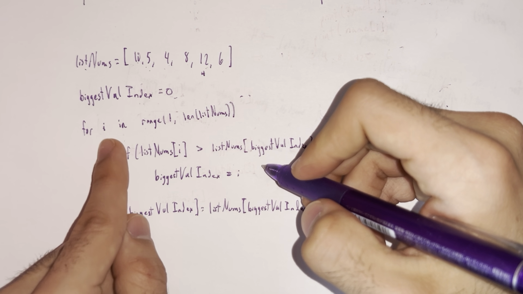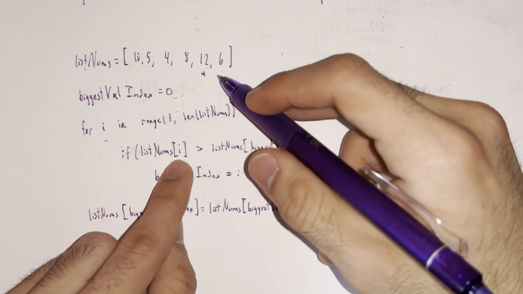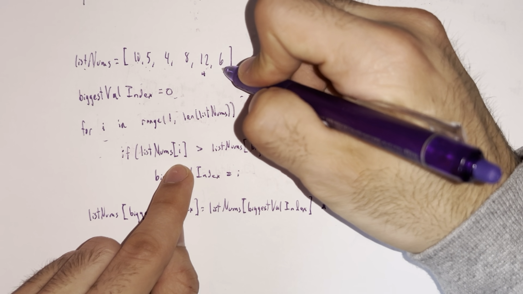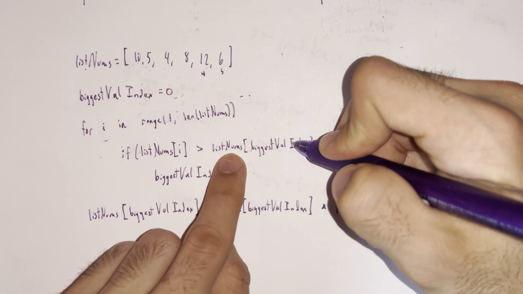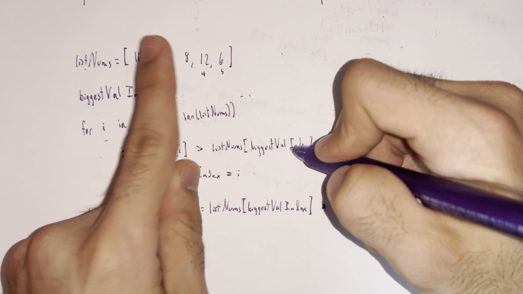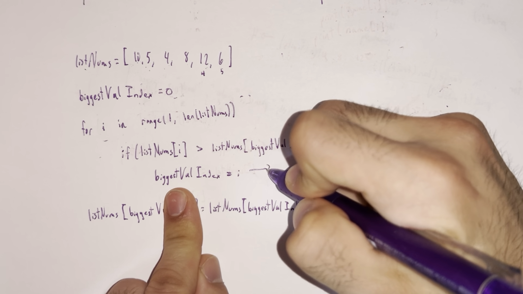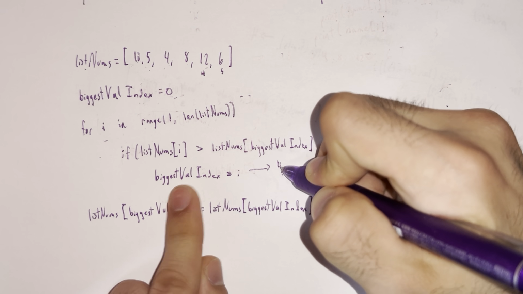And then it goes back to the for loop again, and list nums at 5 gets compared to list nums at the biggest val index, which is 4. So is 6 greater than 12? Nope. And that's where our index ends at 4.